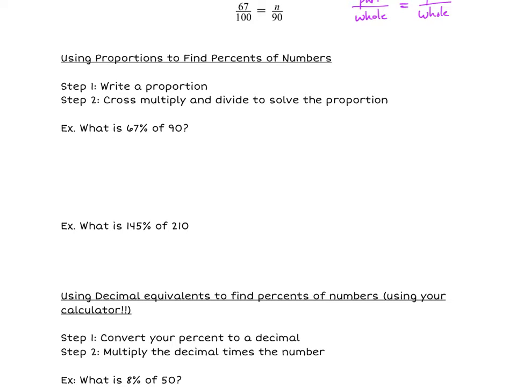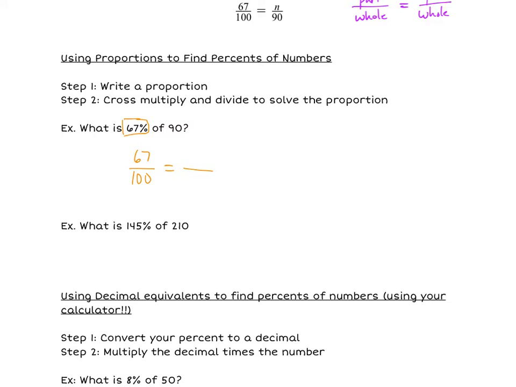So right here we've got this 67%. We already have one ratio. What is that ratio that we have for sure? 67 is part of it. What goes on the bottom of that one? 100, because it's a percent. So we have one of our ratios.